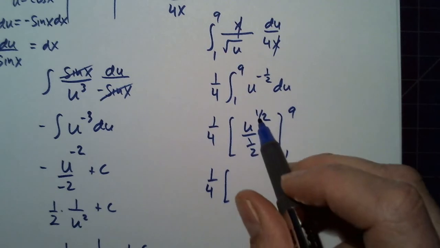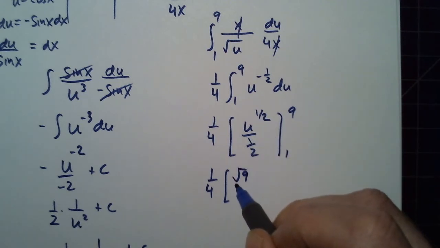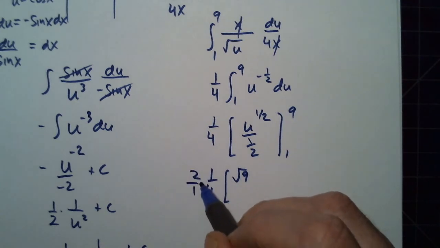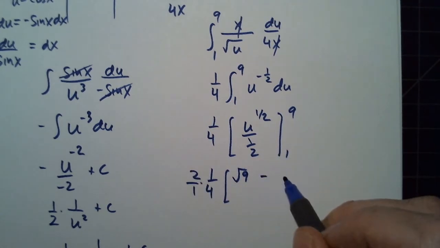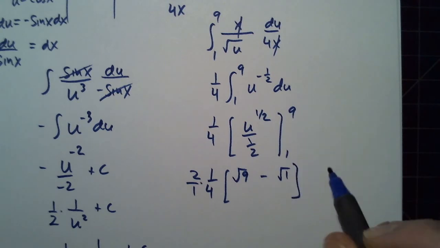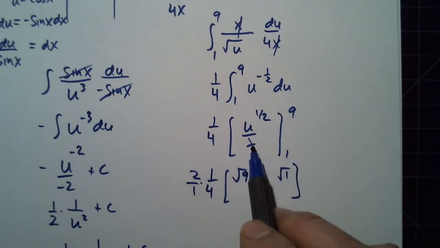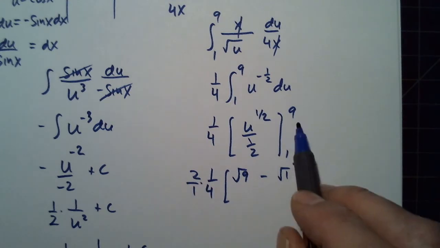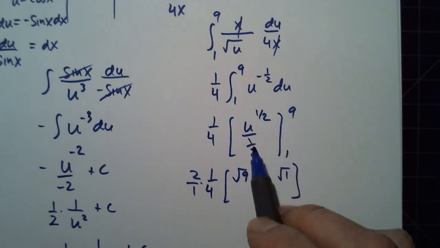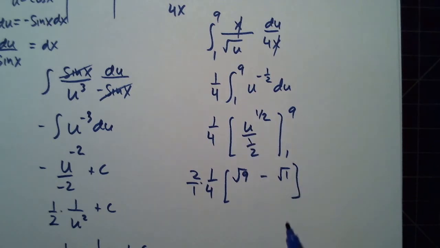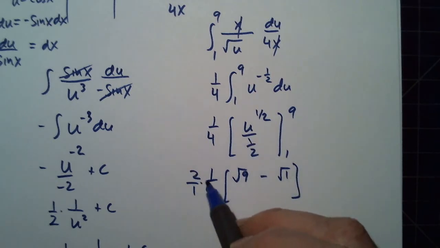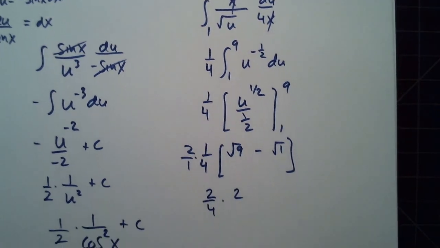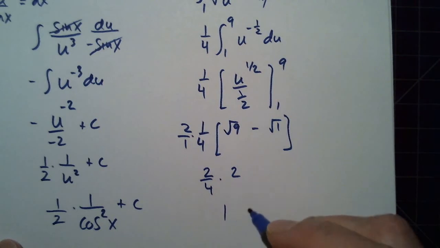Substitute the 9, so that'll be radical 9. Let's put that 1/2 out in front as a 2 over 1. So dividing by a half is multiplying by 2 over 1. Substitute the 9. Substitute the 1. 3 minus 1 is 2. So we have 2 over 4 times 2. 4 over 4, and we get 1.